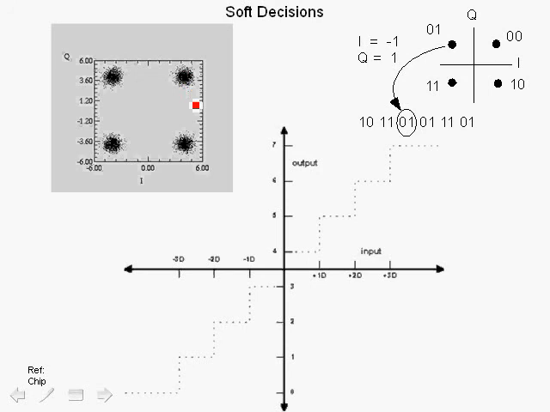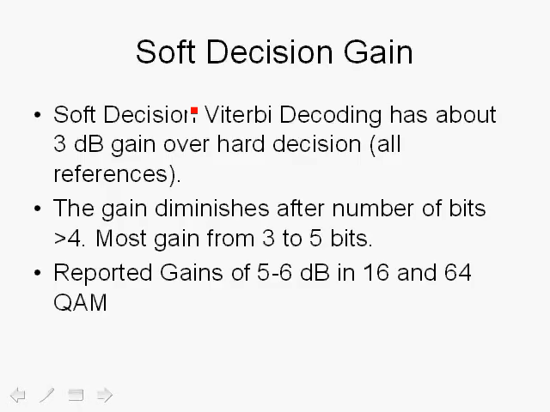Now it turns out that using soft decision demapping and Viterbi decoding gives you a substantial gain in performance. Roughly, going to 3 bits, you can gain 2 to 3 dB improvement, and if you go up to 5 bits, maybe another half a dB to a dB. Let's take a look at that. Soft decision Viterbi decoding has about 3 dB gain over hard decision.